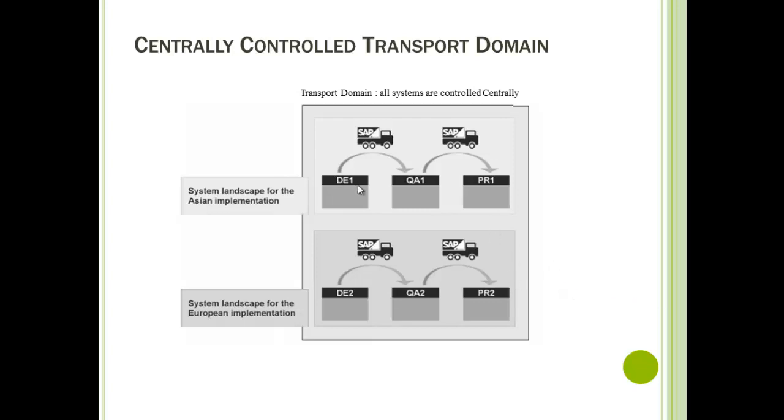For example, in a single domain, you can have multiple landscapes. In the case of multinational companies, there can be separate landscapes divided based on region, like what we can see in our picture for the Asia Pacific as well as the European region, which has two separate landscapes, but it is centrally controlled in one transport domain.